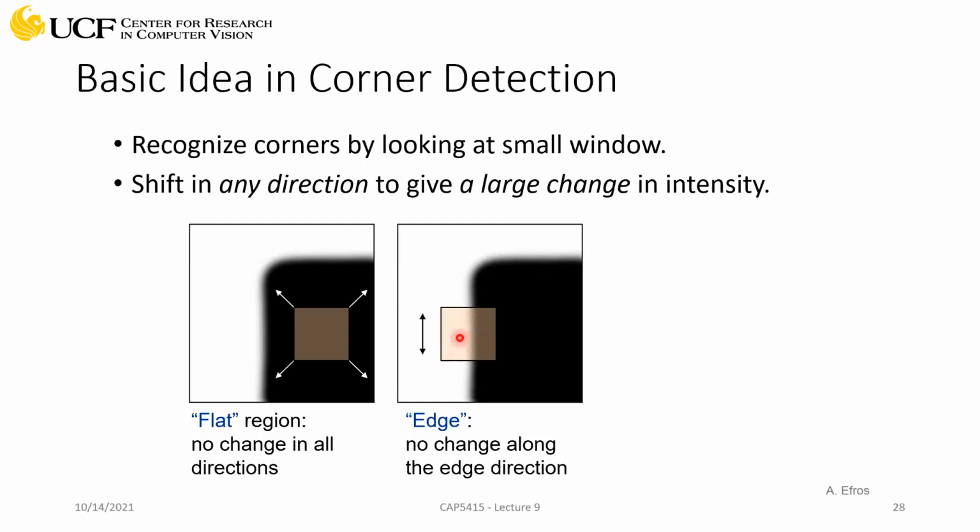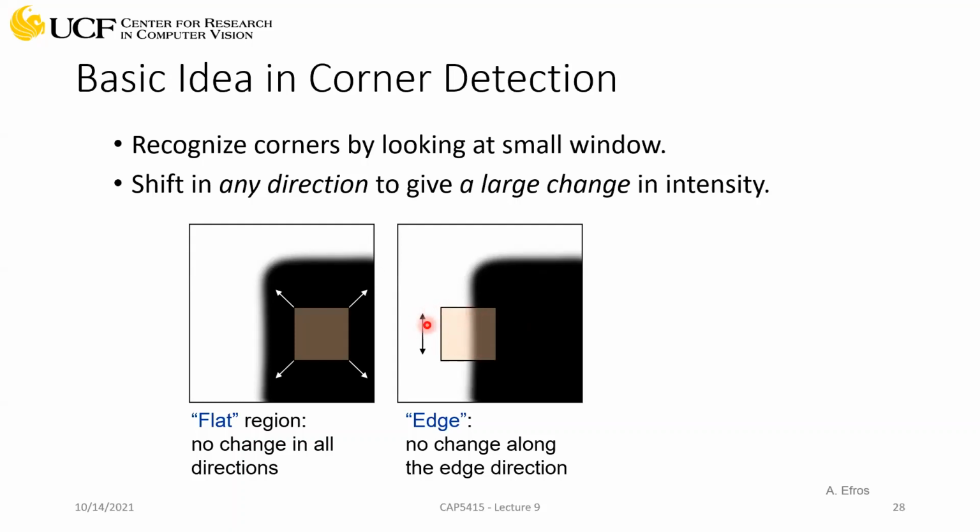But if you change the window's position in some other direction, which is not the direction of this edge, like towards left or towards right, then the intensity is going to change. If you move the window towards left, then the lighter pixels are increasing, which means the intensity will increase. And if you go towards right, the number of darker pixels are increasing, which means intensity is going to go down.